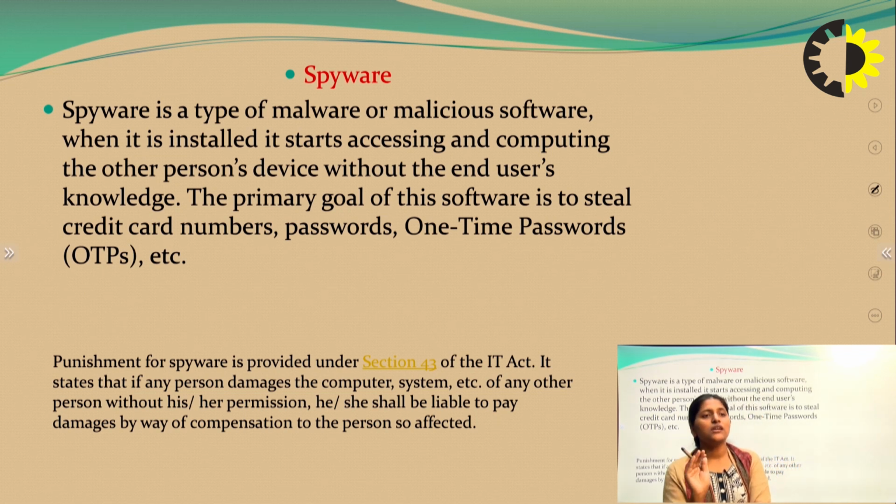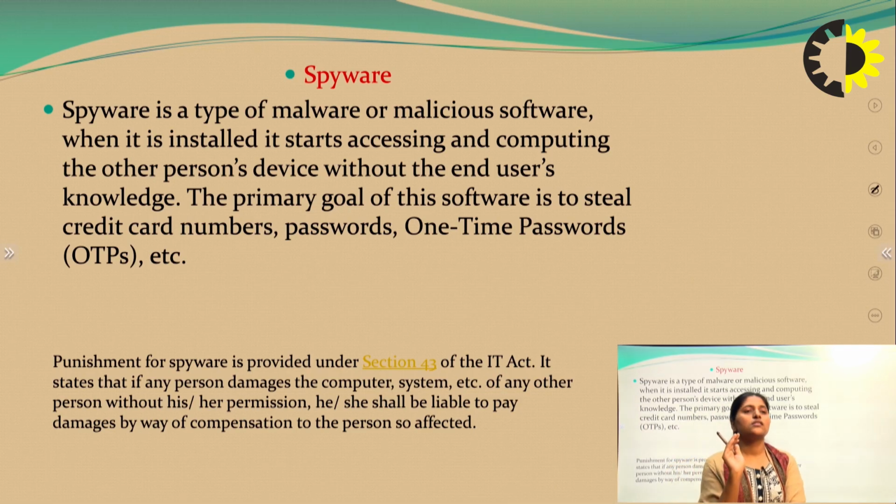So basically the main motive is that the attacker installs the software and gets the information whenever they want. The end user is unaware that the particular malware is installed in their system, and the basic goal is getting the card numbers or the OTPs.